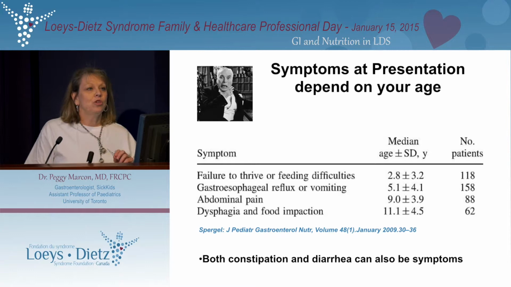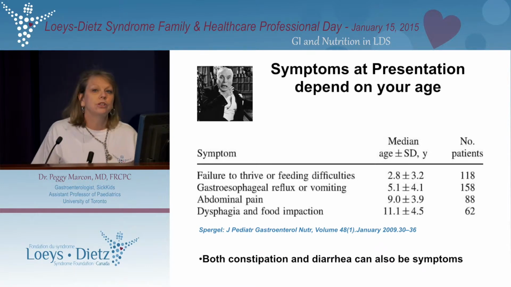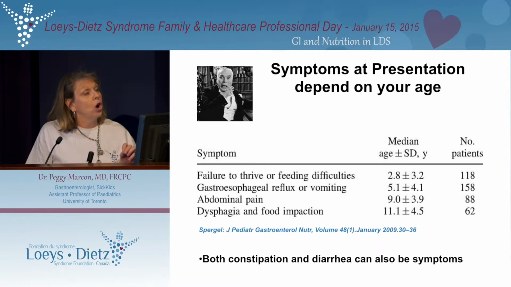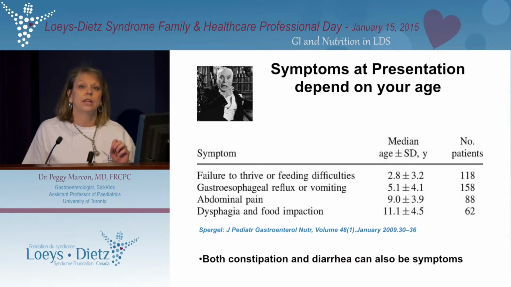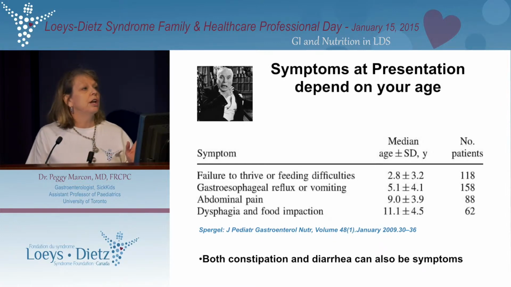So what your symptoms are depends on your age of presentation. Early on, when we see infants and toddlers who have eosinophilic esophagitis, they will often present with feeding difficulties. They will have trouble transitioning onto solid foods.